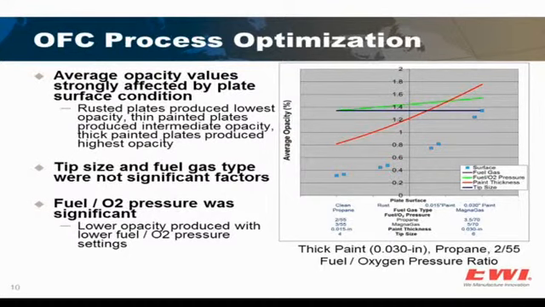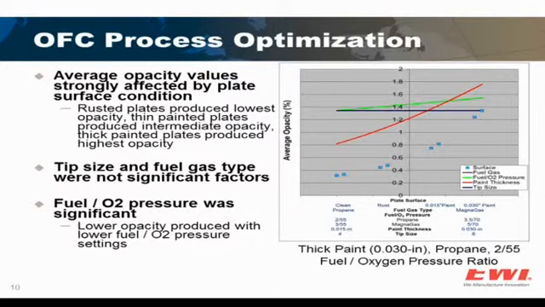So what was generated from this was robustness plots and a model from the DOE data. And you can see that the most significant factor, which is shown here in red, is paint thickness. So basically the thickest paint produces the highest opacity, followed by the thin paint, and the lowest is produced by the rusted condition.